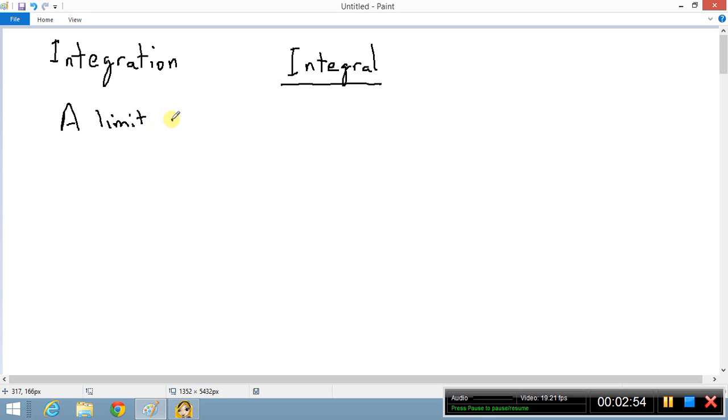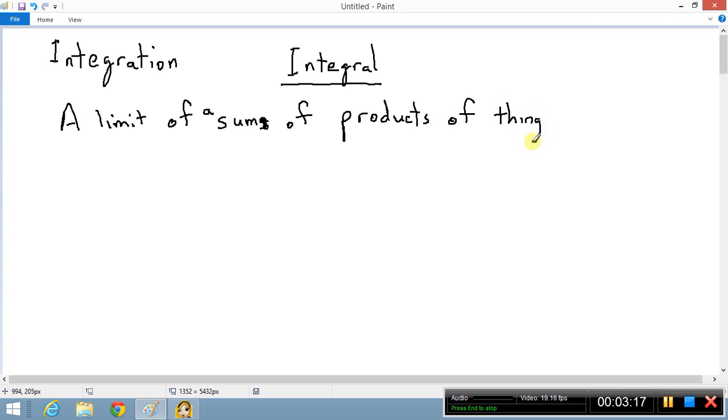This is a limit of sums, or actually, I should say a limit of a sum of products. This is getting complicated. It's a limit of a sum of products of things. Things. Yeah, don't you love that one?